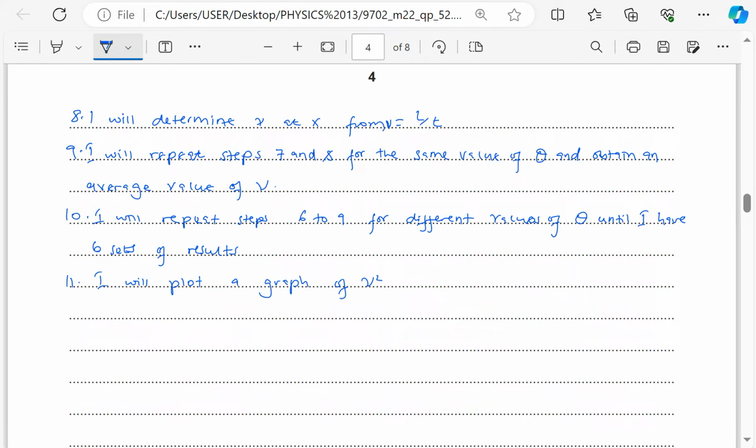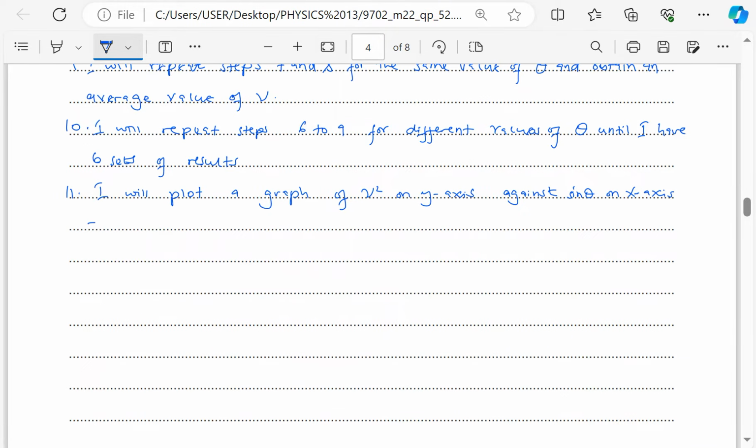I think we said we are going to plot v squared on the y-axis against sine theta on the x-axis. Okay, so we now know the graph to plot. We are doing the analysis.